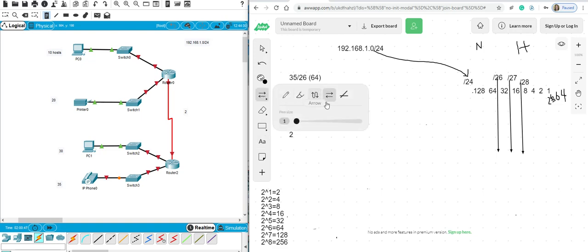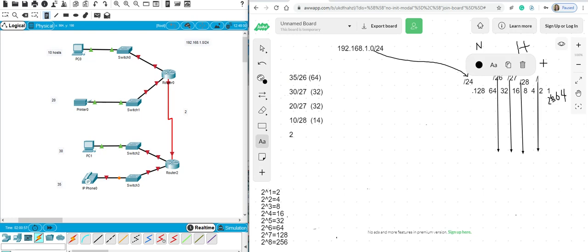So if I were to go to 1, 2, it would be right here. Okay. And that would be a /30. And the /30 accommodates for 4 hosts.